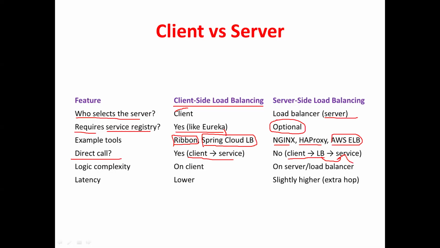Complexity is logic on the client side, but here it is on the server side. Latency is very low on the client side, while server side is slightly higher because a network call happens. This is about the difference.